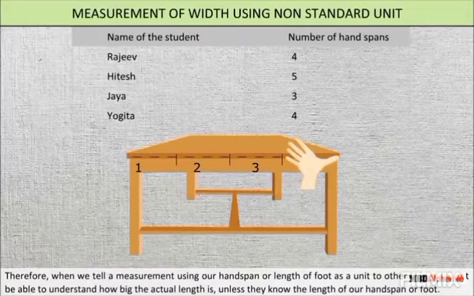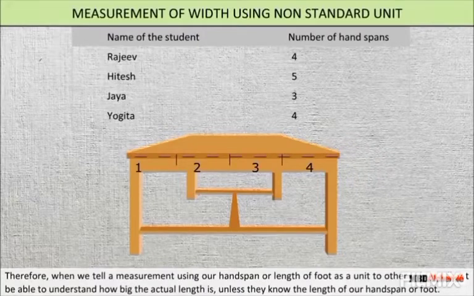Measurement using a hand span or the length of the foot as a unit, we will not be able to understand the actual length. Only if we know the length of the hand can we compare it with the length of the table. So the actual length is not obtained by using different hands or feet.